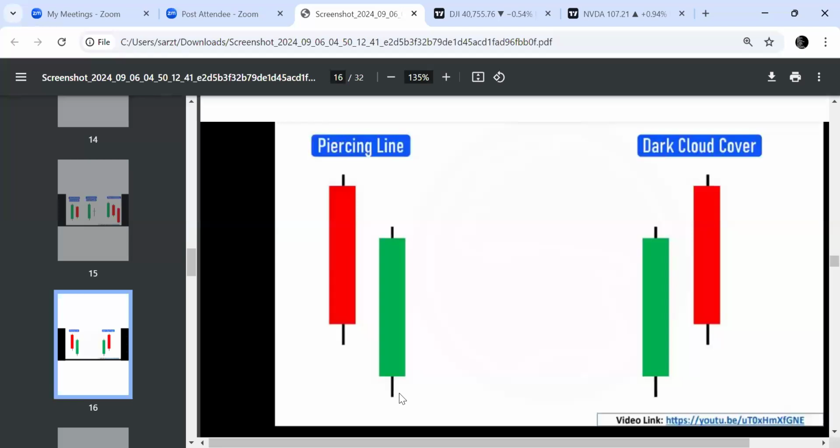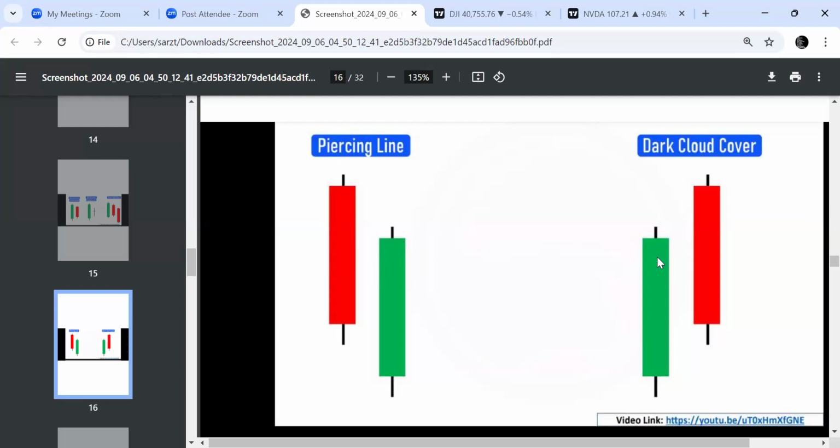In the piercing line, there is a rule that the next candle has to close above 50% of the previous candle. So that's the only difference from engulfing and harami. In harami, the candle will be completely inside; in engulfing, it completely takes over; in the piercing line, it needs to cover 50%.